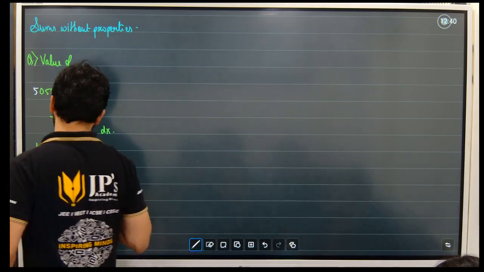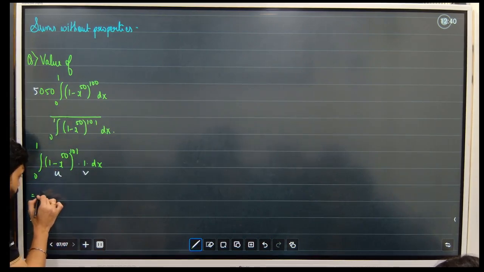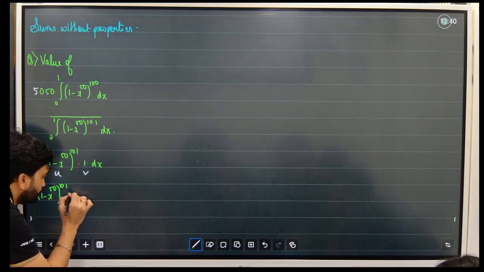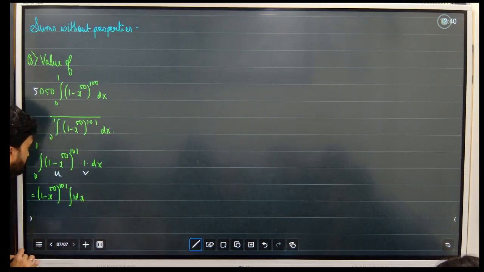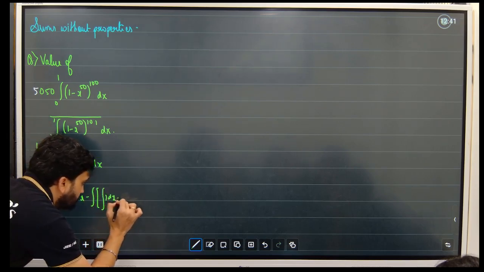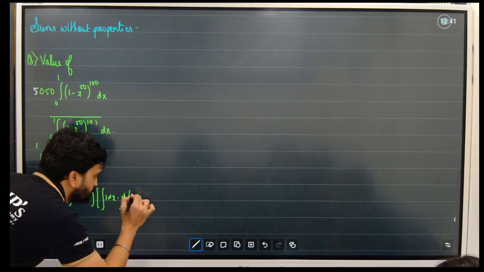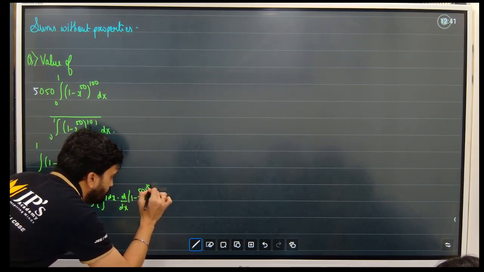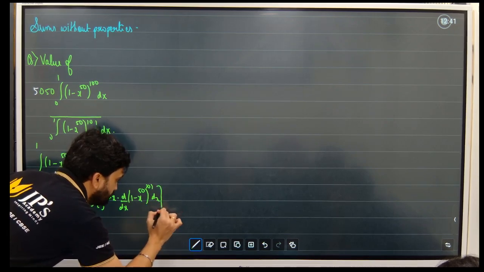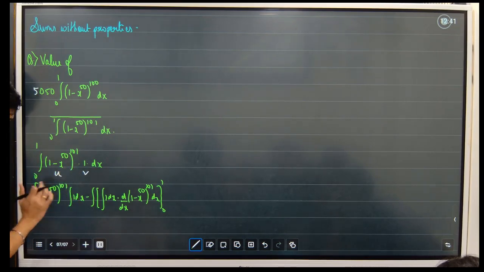So when I solve by integration by parts, I know that this is going to be u and this is going to be v. So this will become u integration v dx, minus integration of integration v dx into d by dx of (1 minus x raised to 50) raised to 101, dx, bracket from 0 to 1. This entire part is equal to this.